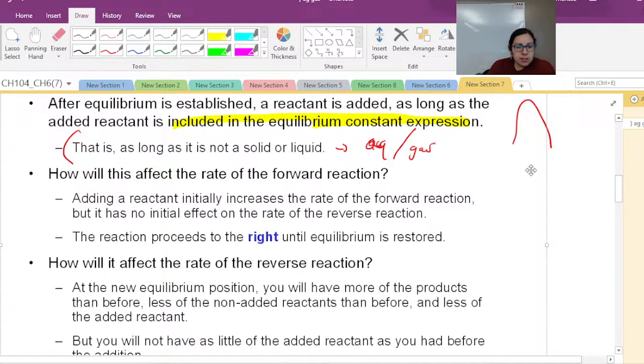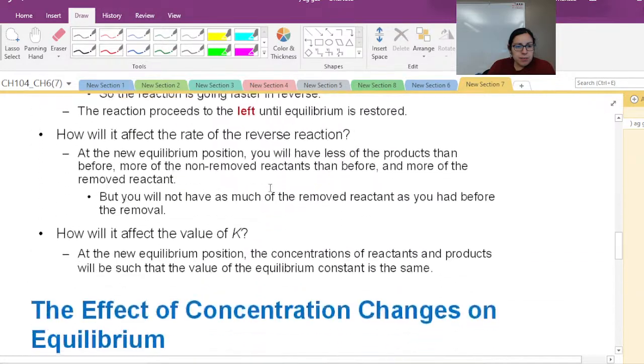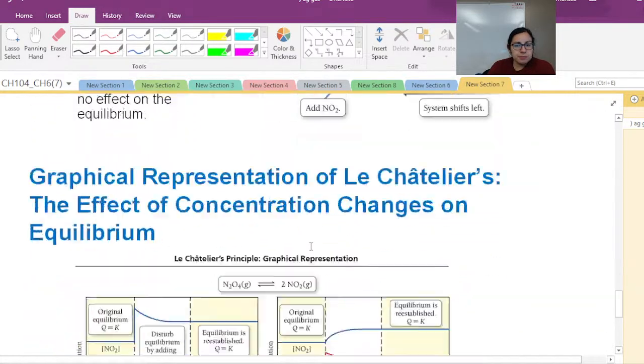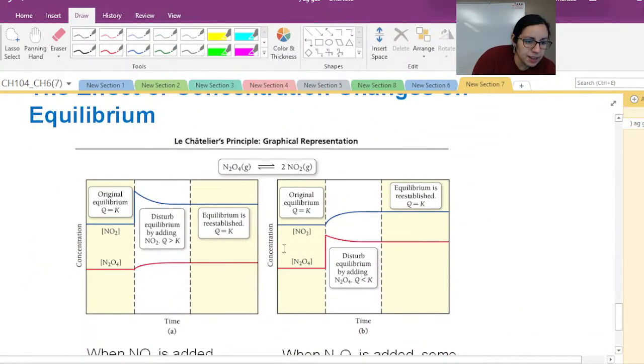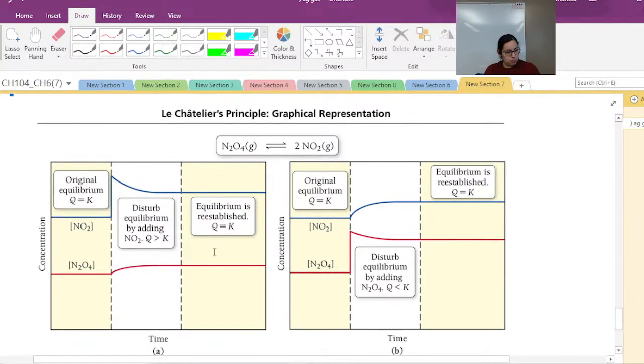So this is kind of confusing for a second, so let's skip this and look at our graph and what it was saying. Let's look at what it's trying to show us. So we have our equation here. This is just a dimerization and the reversing of that.